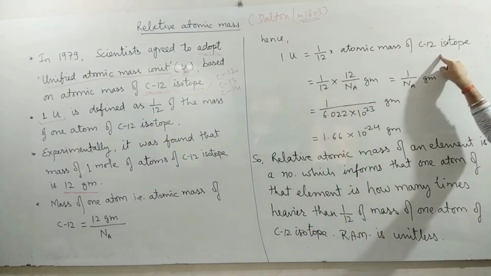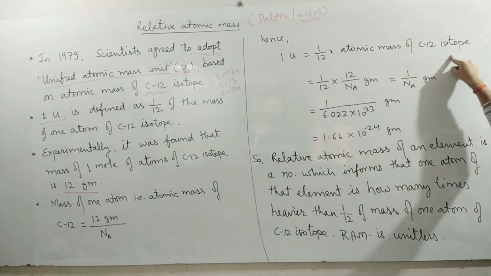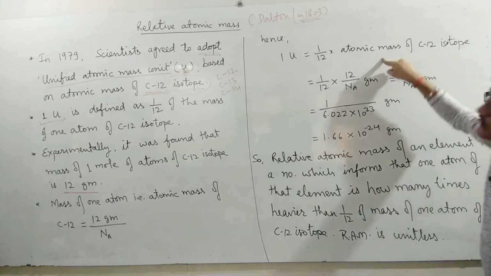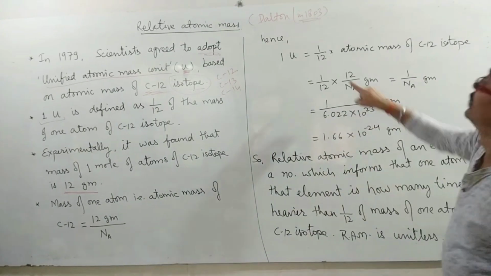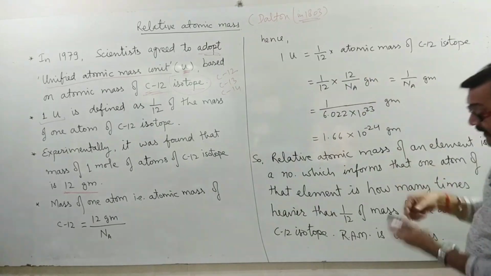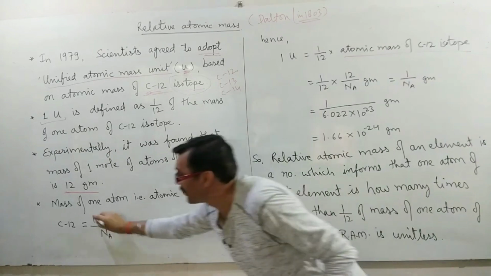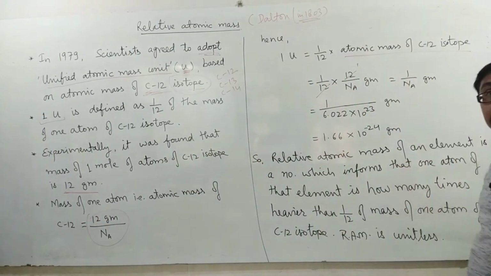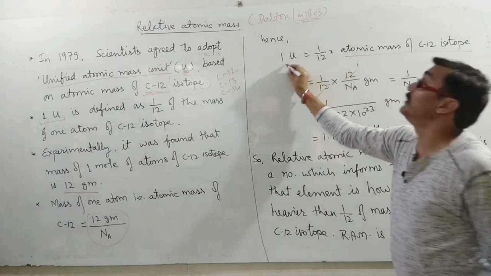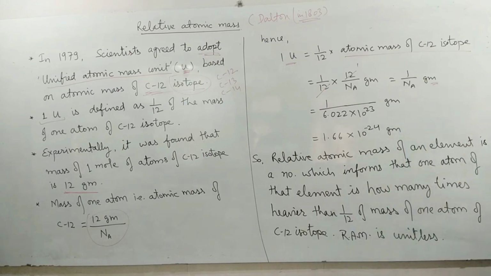The atomic mass of the carbon-12 isotope, that is the mass of one atom of carbon-12, is 12 gram by Na. So 1/12 into 12 gram by Na. 12 cancels by 12 one time. So ultimately 1U is equal to 1 upon Na gram.